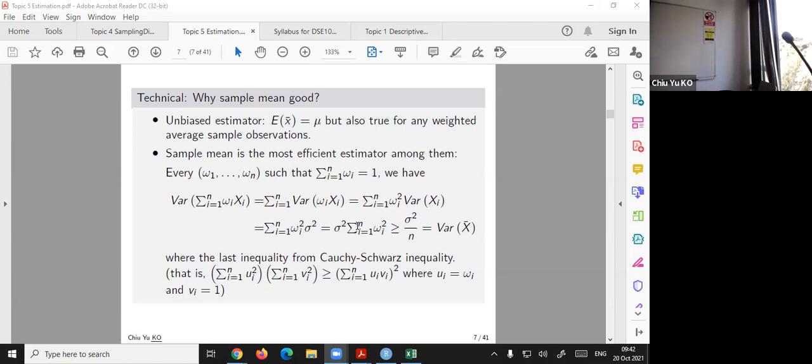That's why we use the simple average, because it has nice properties. If you drop any observation, you will have a bigger variance, so you have to use all the information, over n. That's why we don't use the geometric mean, the harmonic mean, or other means: they are either biased or not efficient.